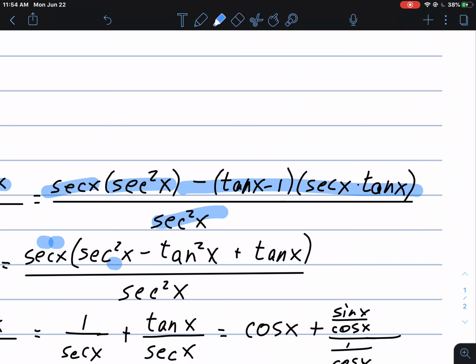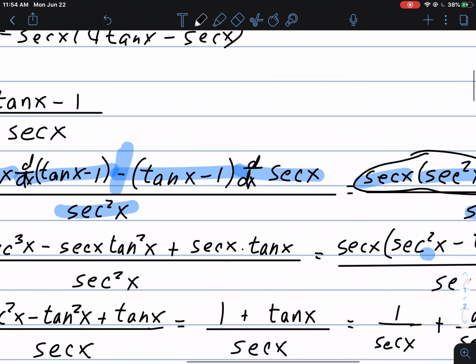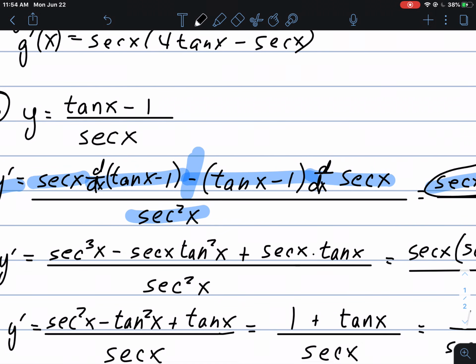Now again, I'm done with the derivative. The rest is all rewriting and putting our function into a more presentable form, simplifying it as much as possible. So first we just multiply everything out. I've got the secant times secant squared up here, so that'll give us secant cubed.